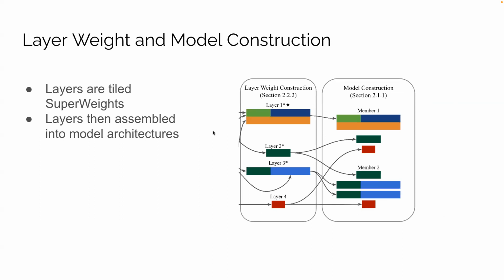For each layer, the superweights are tiled. For example, layer 3 is a tiling of the blue superweight and the green superweight. Notice the green superweight is sized to a small layer, while the blue superweight is sized to make up the difference in size between layer 2 and 3. Then the layers are assembled into models or ensembles of models, which can even have different architectures.